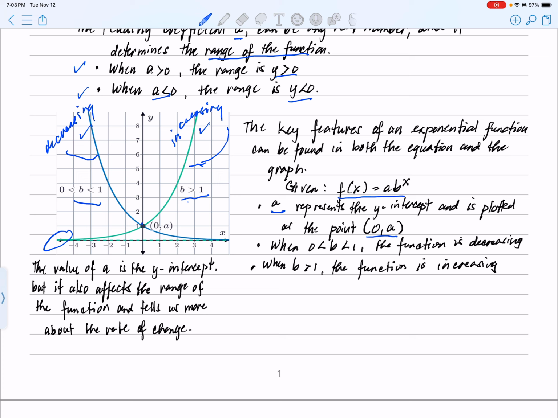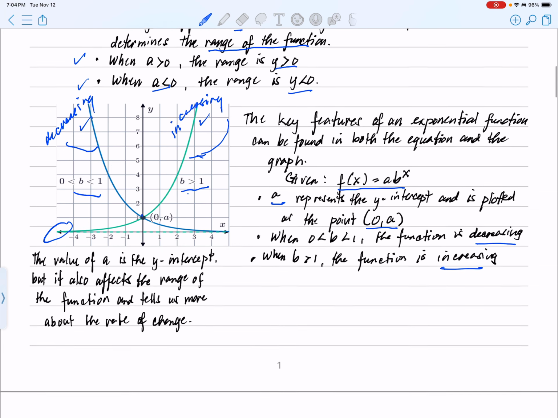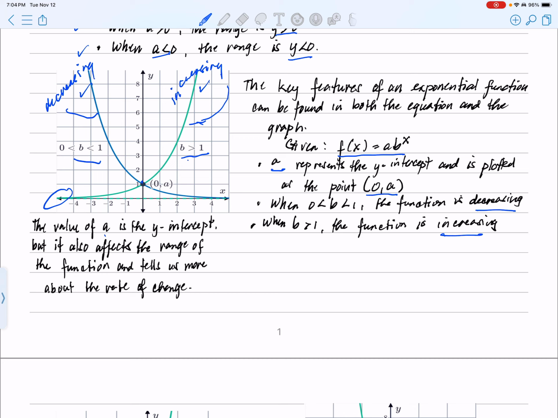When b is between 0 and 1, or b is less than 1, the function is decreasing. When b is greater than 1, the function is increasing. The value of a is the y-intercept, but it also affects and tells us more about the range of the function.